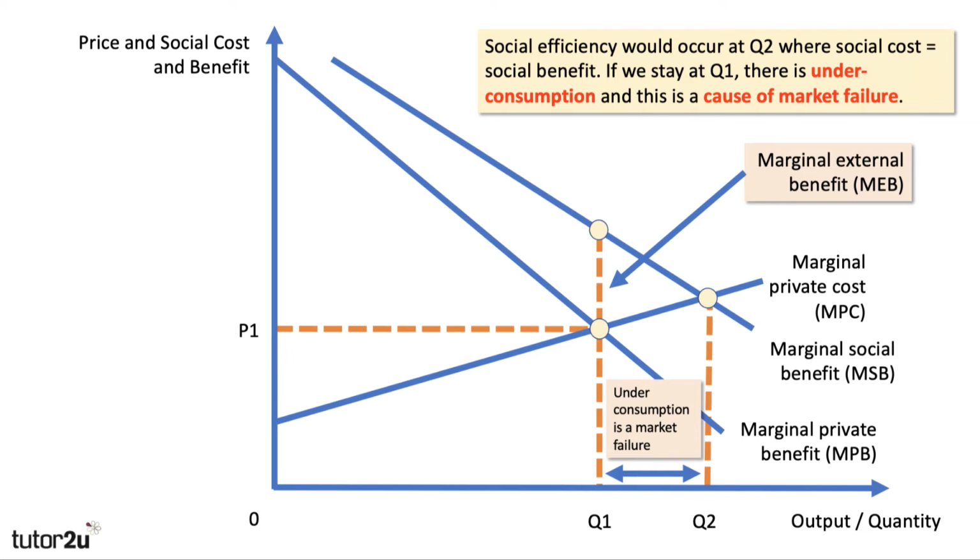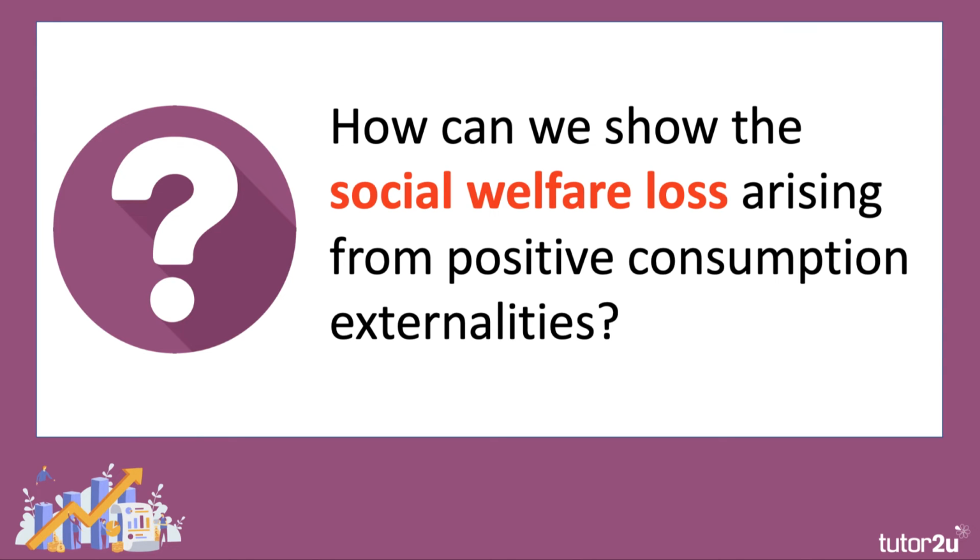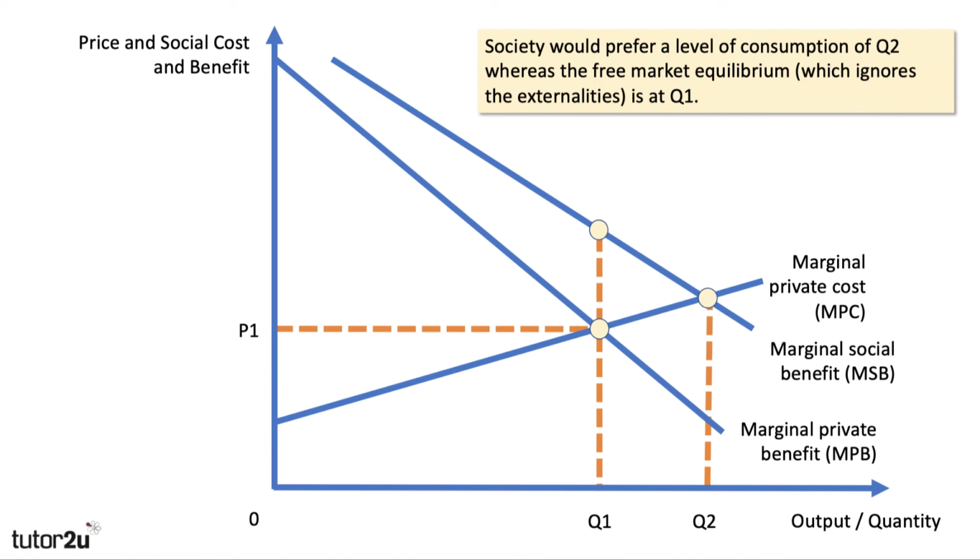So we tend to underconsume items, goods and services that generate external benefits if we don't factor them into account. Well, if you want to develop your analysis to get top marks for analysis, how can we show the social welfare loss that comes about from the market failure due to positive consumption externalities?